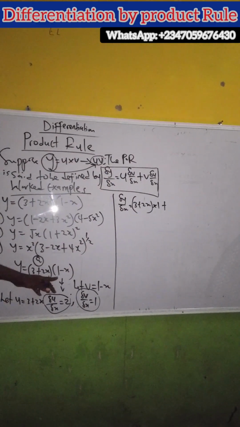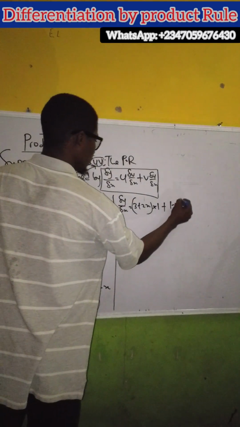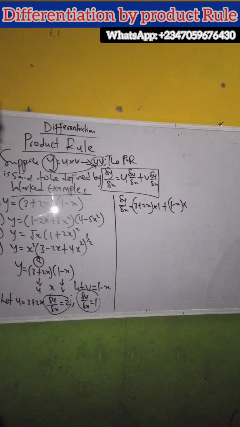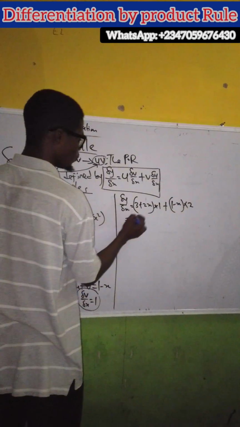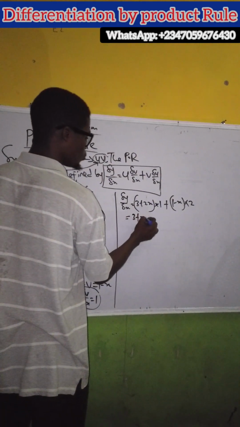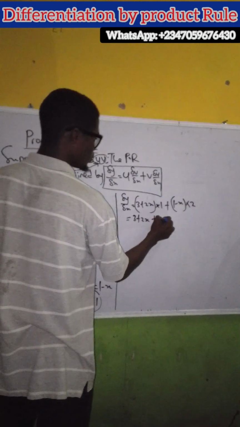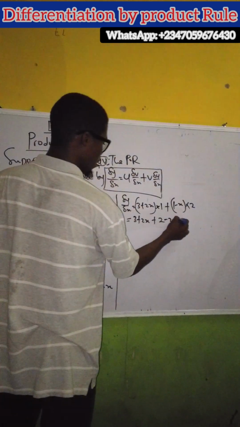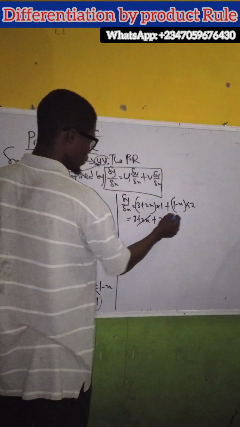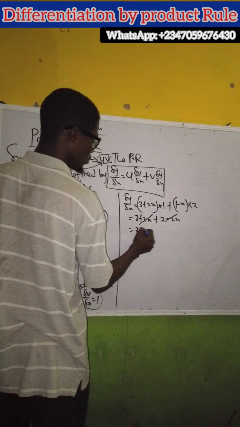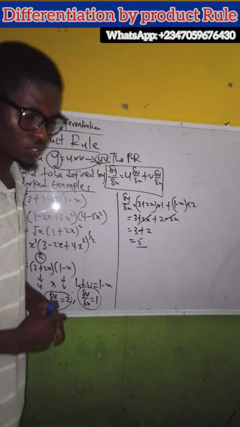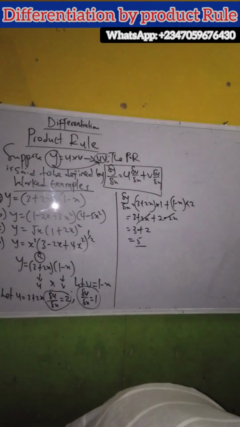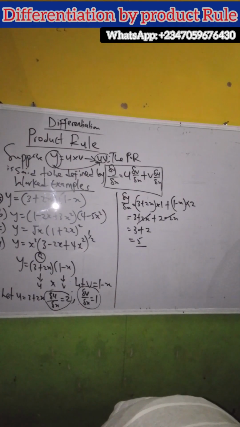Our v here is 1 minus x multiplied by the du over dx, which is 2. So we now have 3 plus 2x plus, you expand this one, 2 minus 2x. So this one is gone, and we are left with 3 plus 2. Eventually we have 5. So the dy over dx for this question is 5.